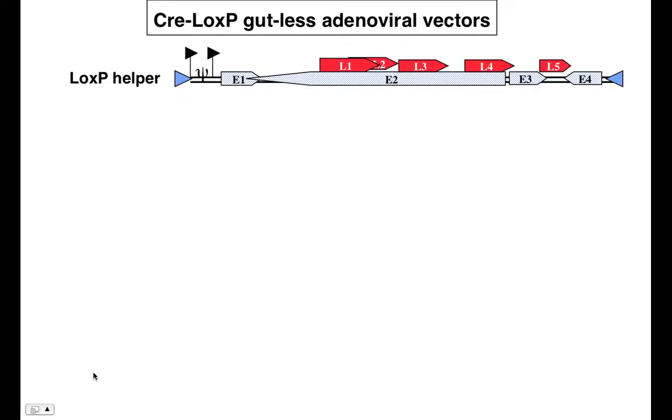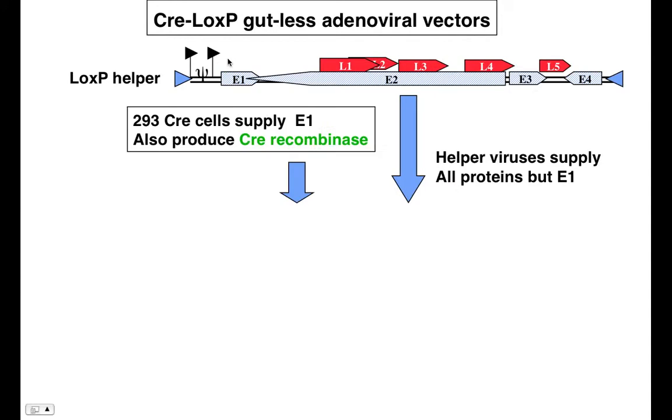The Cre-LoxP gutless adenoviral vectors. This is where you put LoxP sites on either side of something, and these Cre cells supply E1 and Cre recombinase.